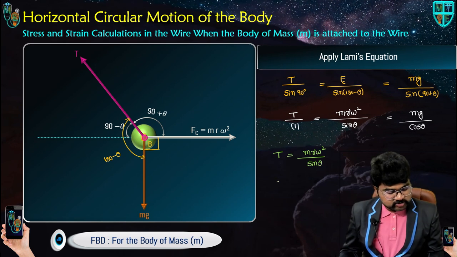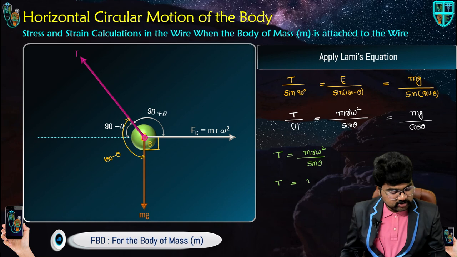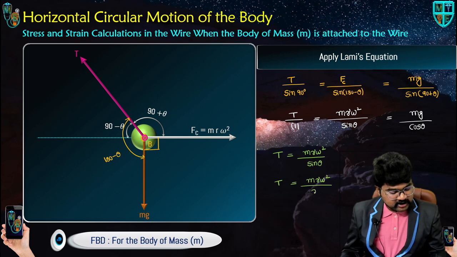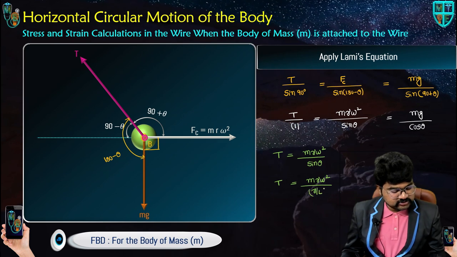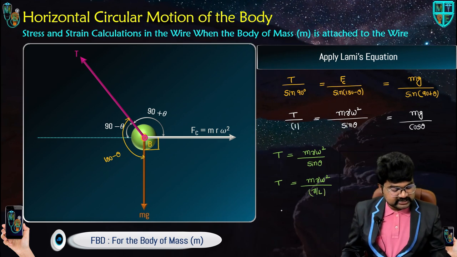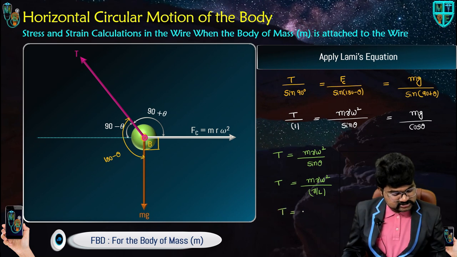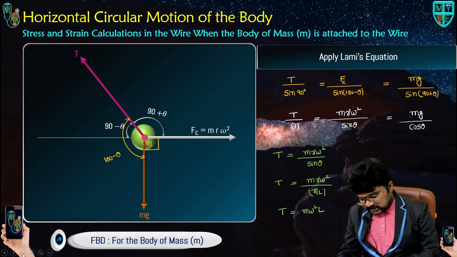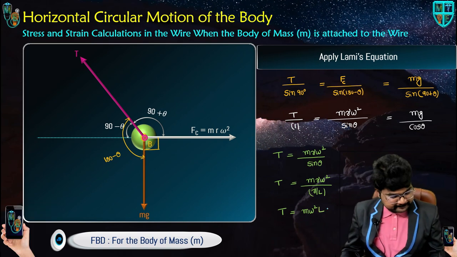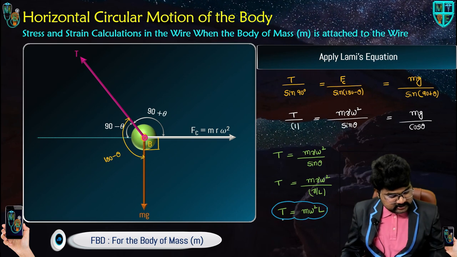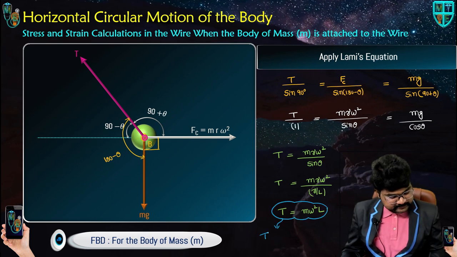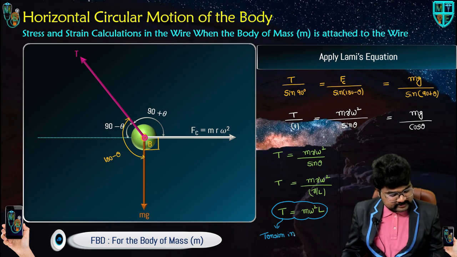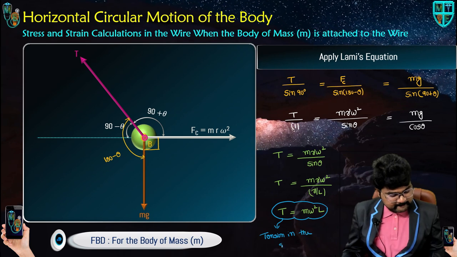Here sine theta equal to r by L, so tension T equal to m r omega square by r by L. R gets cancelled out, tension T equals m omega square L. This is the tension in the string.